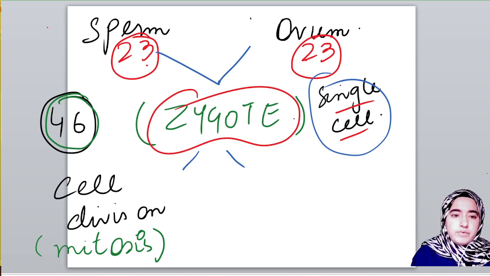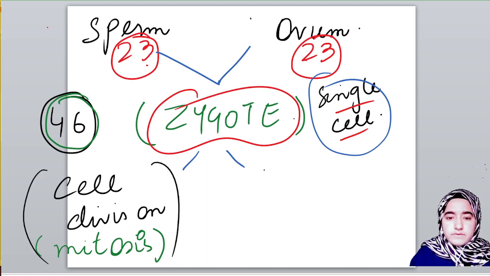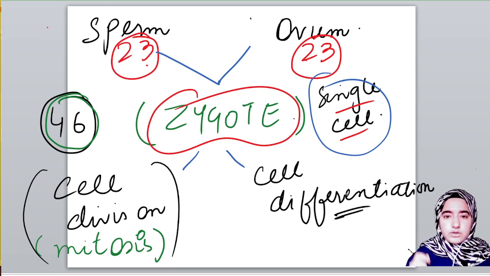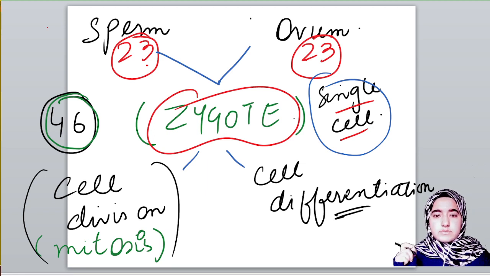One phase will occur known as cell division and another known as cell differentiation. In cell division, this type of cell division is mitosis, through which chromosome number will remain the same, 46.